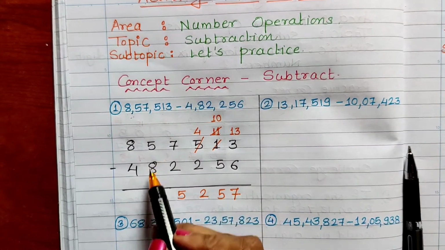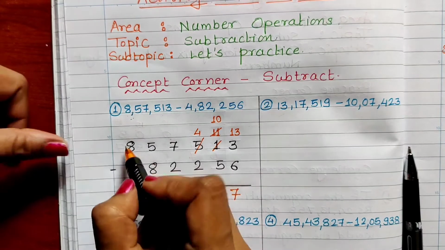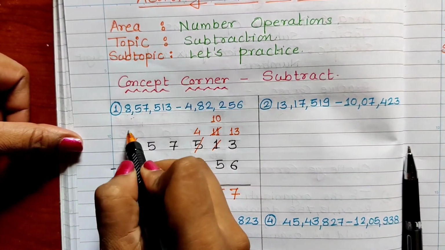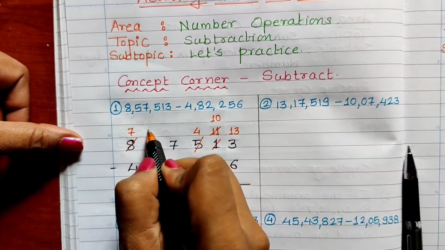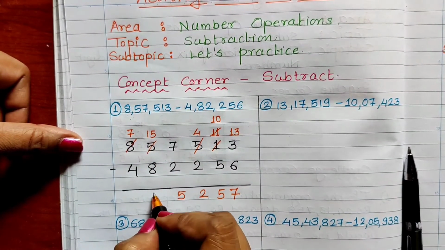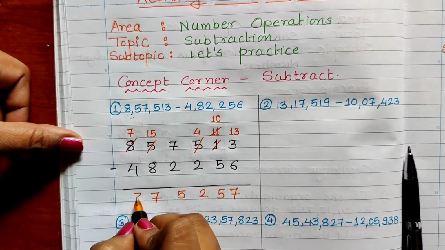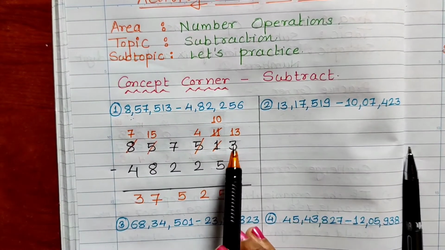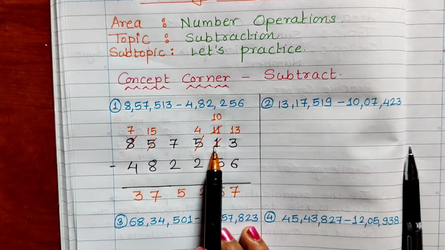Now see again, 5 minus 8 cannot be done because 5 is smaller, 8 is bigger. So we have to borrow 1 from this 8. 8 becomes 7. And now this 5 becomes 15. 15 minus 8 is 7. And 7 minus 4 is 3. So in this way, while borrowing the number from the previous number, check that number.